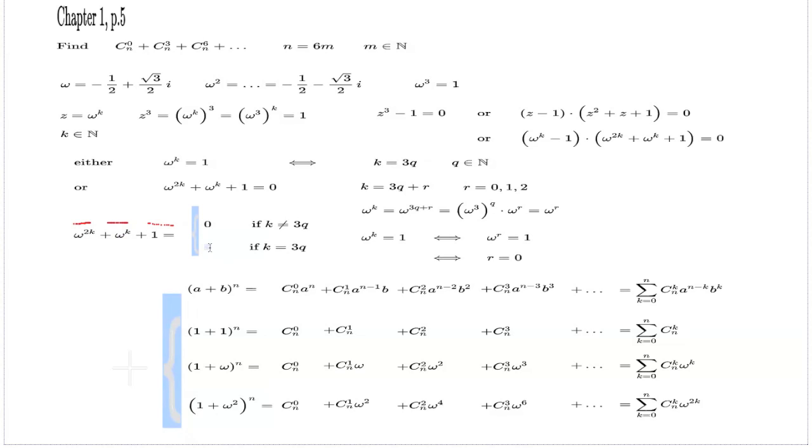So the whole thing is just 3. We see that this expression is either 0 or 3, depending on whether k is a multiple of 3 or not.